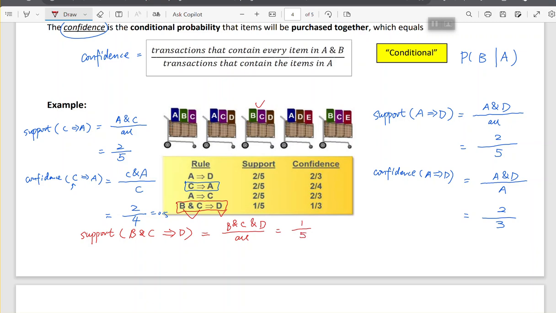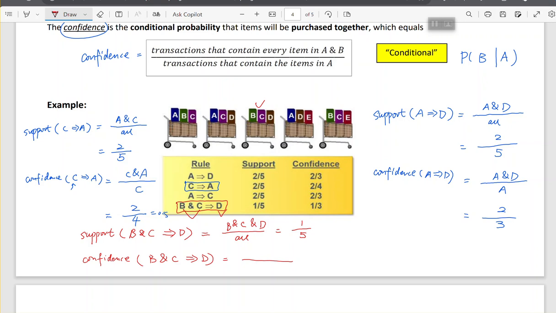Okay, now the confidence of this association rule. By the formula, what does that mean? First, it is a conditional probability, right? So that means the customer needs to buy the first item set.